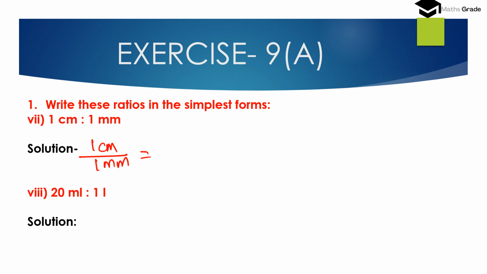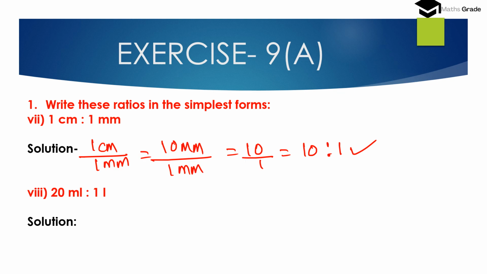We know 1 centimeter is 10 millimeter, divided by 1 millimeter, and 10 divided by 1 is 10 is to 1. So 10 is to 1 is the simplest form of the ratio 1 centimeter is to 1 millimeter.